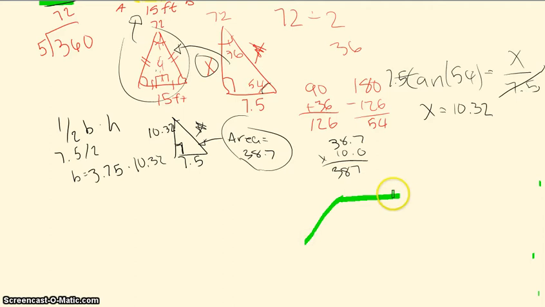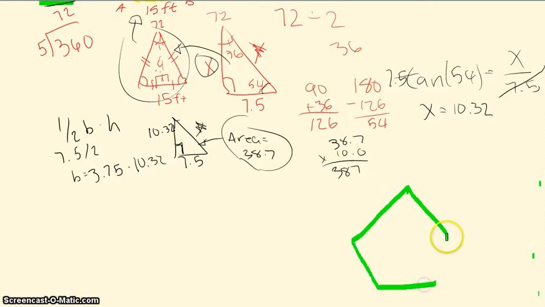If you happened to take the area based on 1, 2, 3, 4, 5, that didn't draw a pentagon the way I thought it might, then you did the same thing. You still needed this height. You still needed this 36 degrees. You still needed this 54.